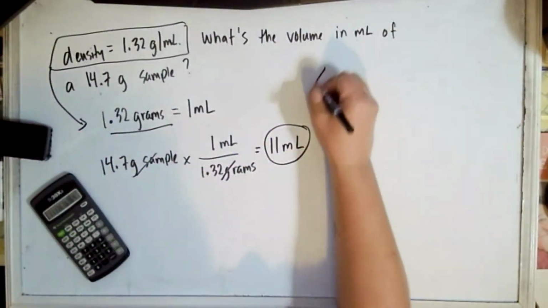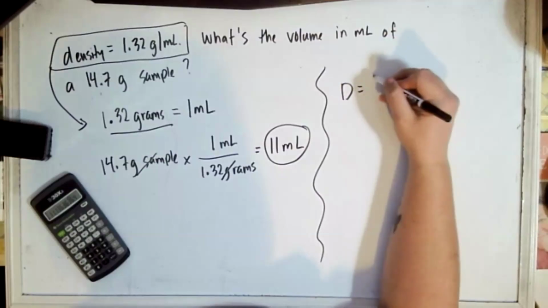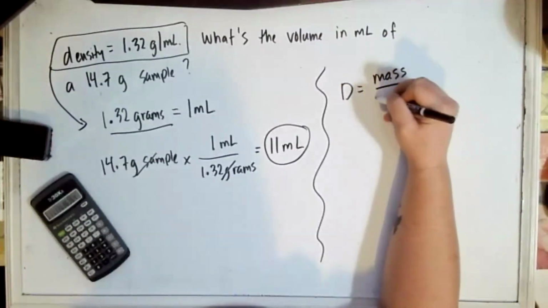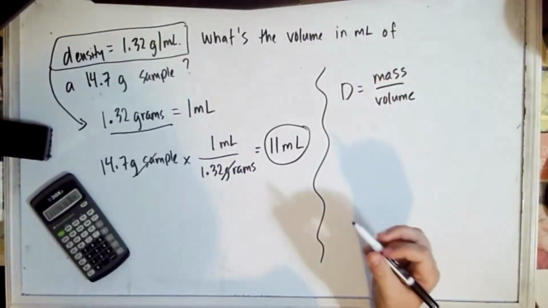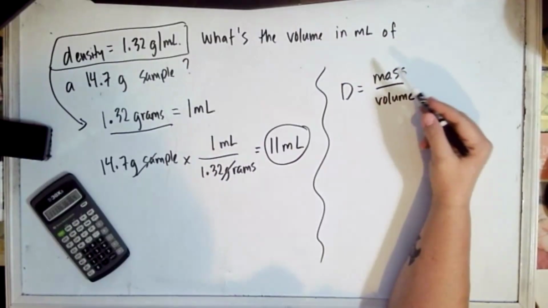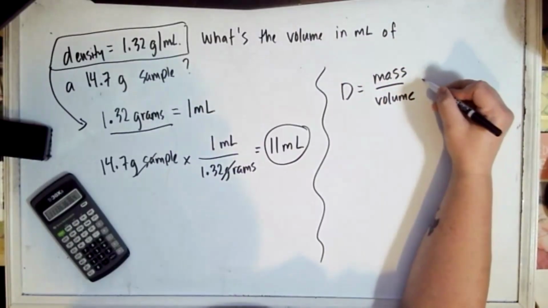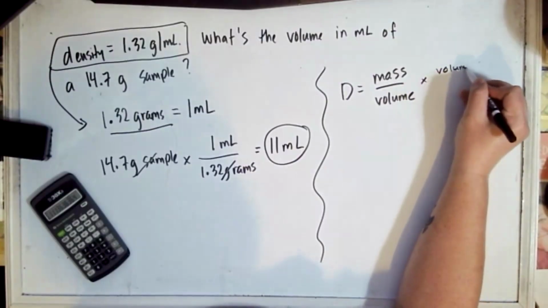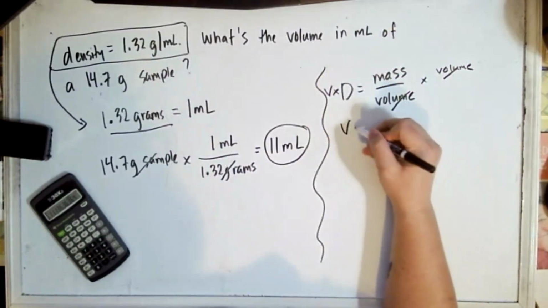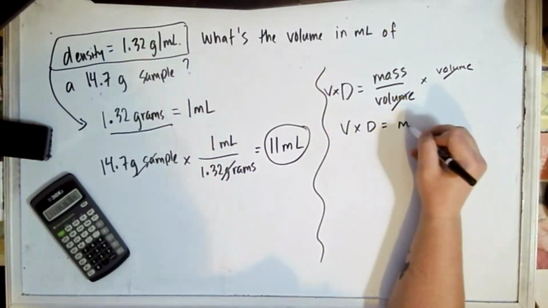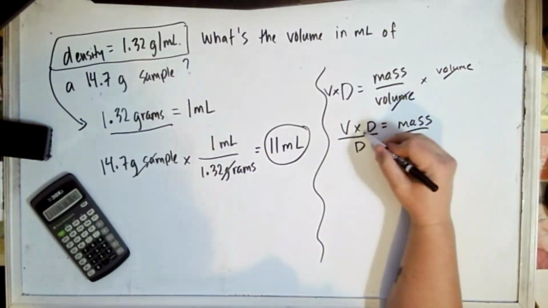The other way you can look at this question is by taking your density equation. I have a density and I have a mass, and I'm going to solve it for volume. So I'm going to multiply both sides by volume, and then divide both sides by density so I can get the volume all by itself.